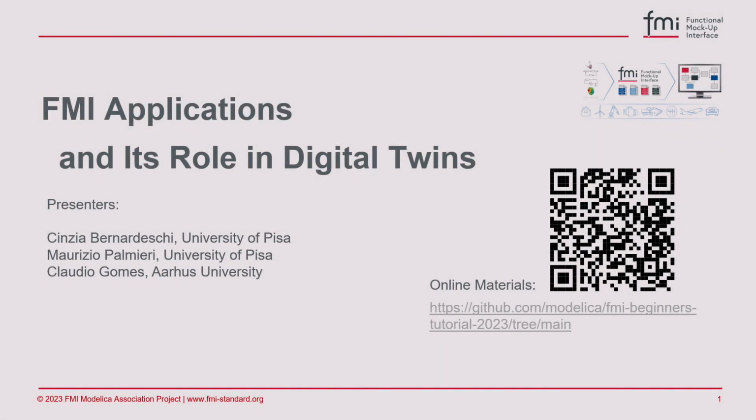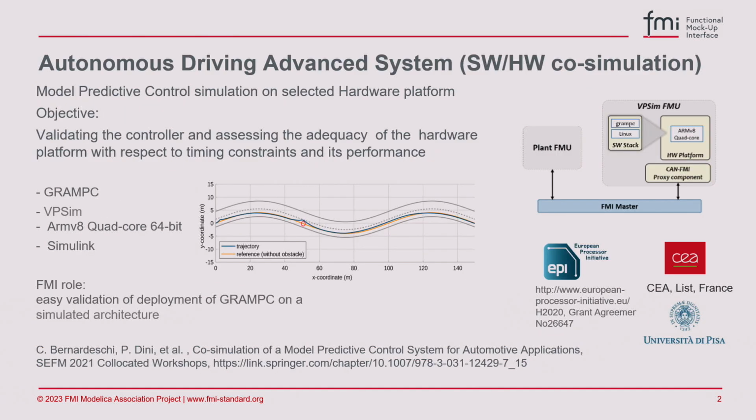Yeah, so this is more of an outlook. We have 2 parts. The first part is a list of slides that we leave here for your reference. You can consult these and see examples of different applications where FMI was used, where we detailed what the role of FMI was in each example.